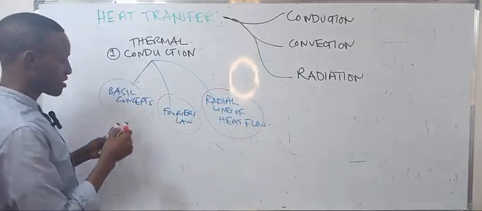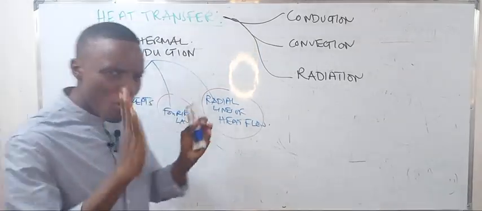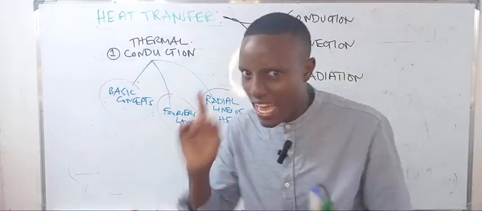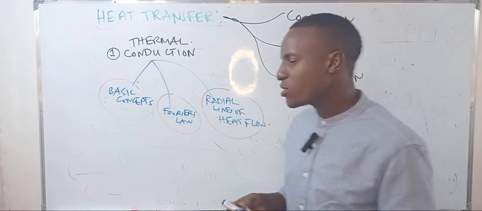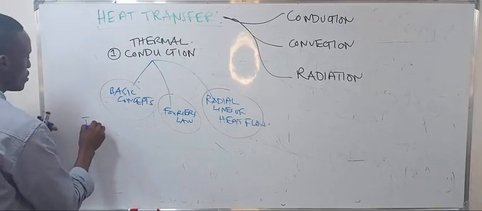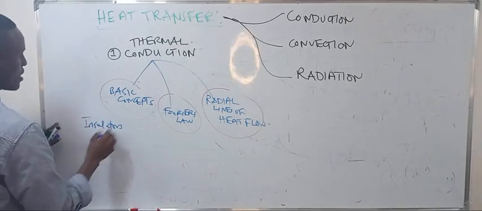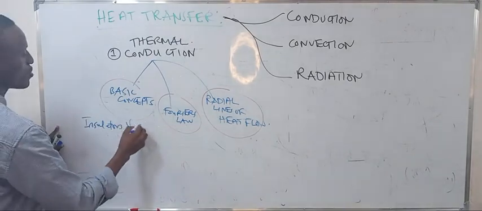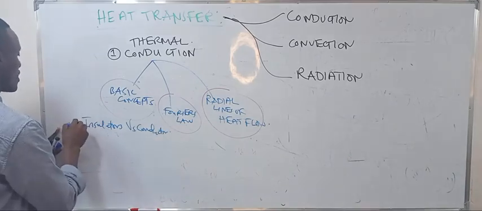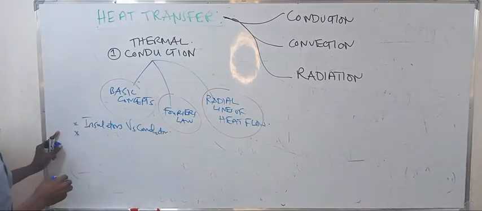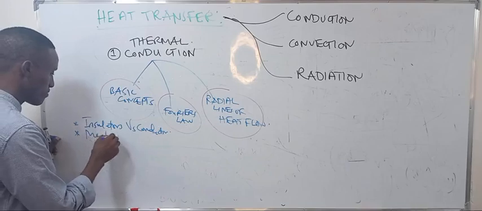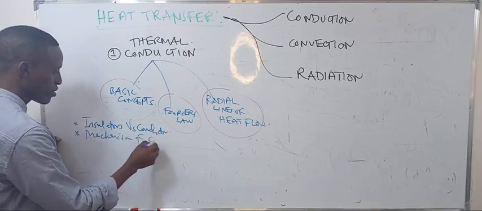Let's start with these basic concepts. I've just said there are four basic concepts that you need to understand before you move anywhere. I've just said about the insulators and conductors. You need to know. I need to confirm if you know the first thing. The second thing you need to know is the mechanism of conduction.